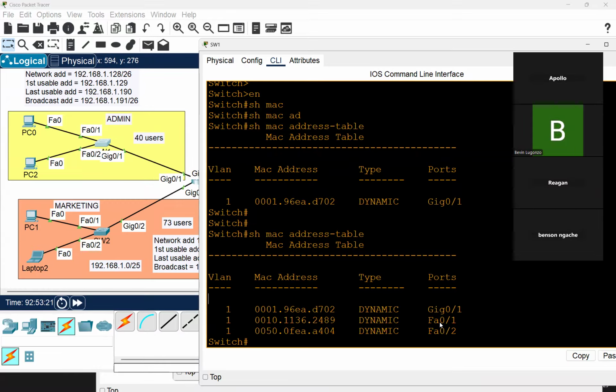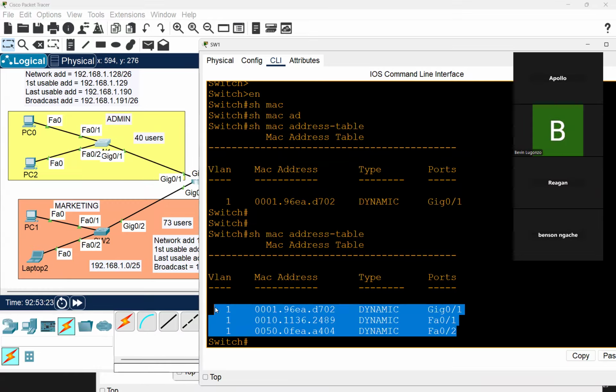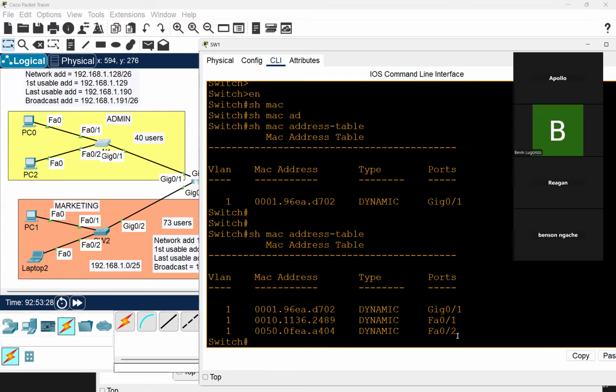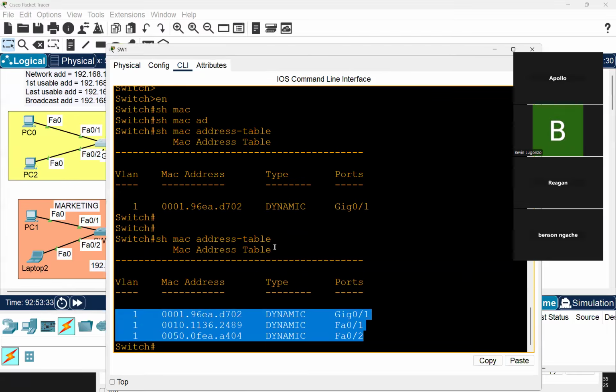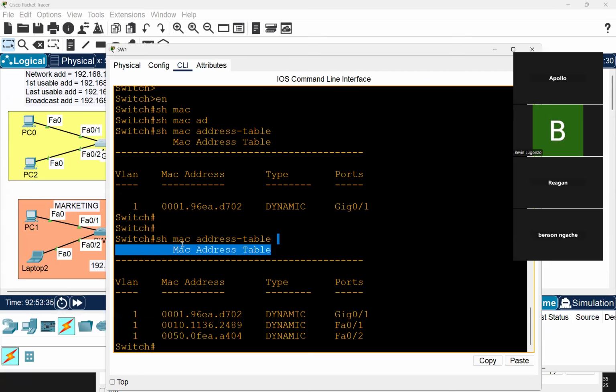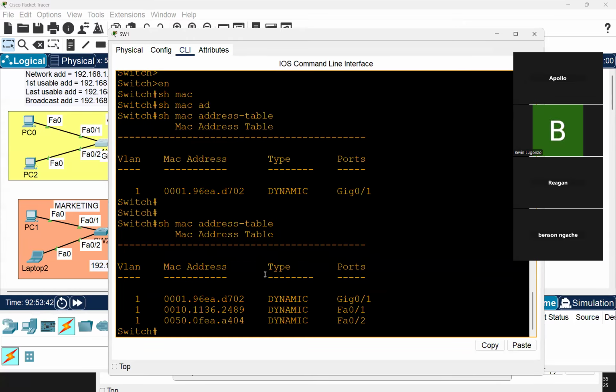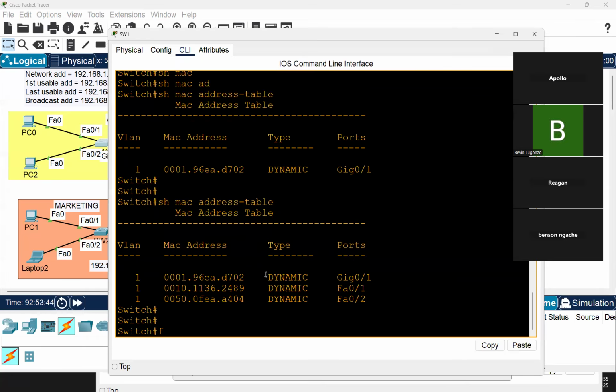But these entries in this table will be here for a maximum of 5 minutes. If they remain idle for 5 minutes, then the switch will flush them out, because this MAC address table has a limit. So it can get filled up. And when the MAC address table gets filled up, then the switch will start flooding all traffic. So there are some attacks.